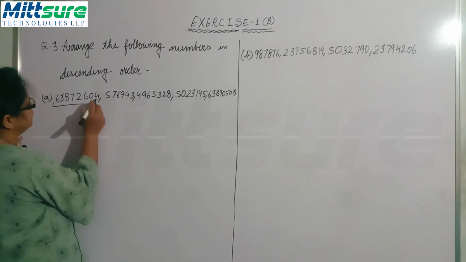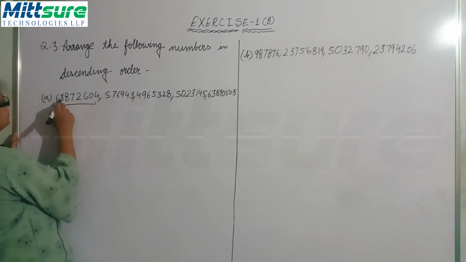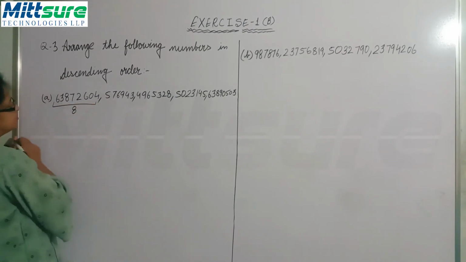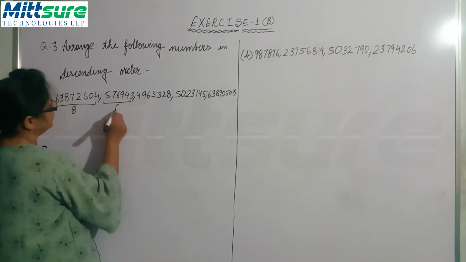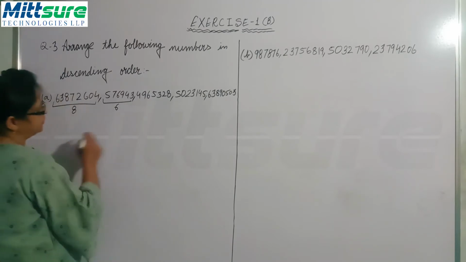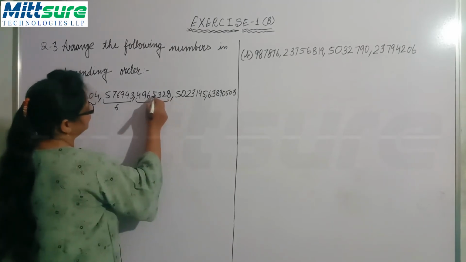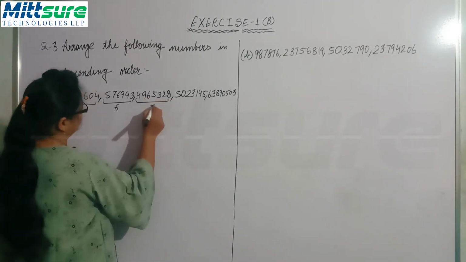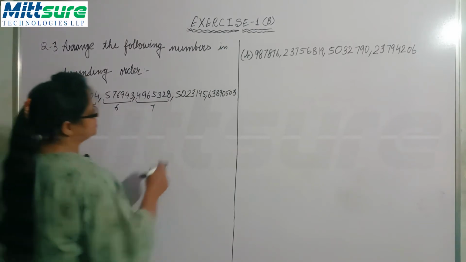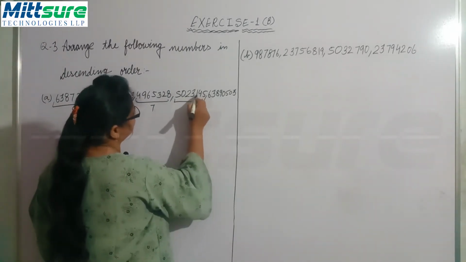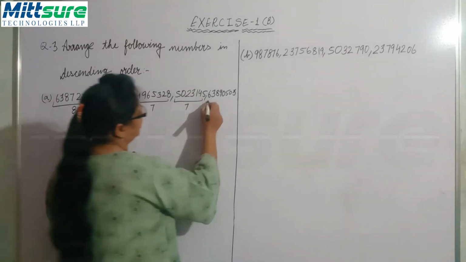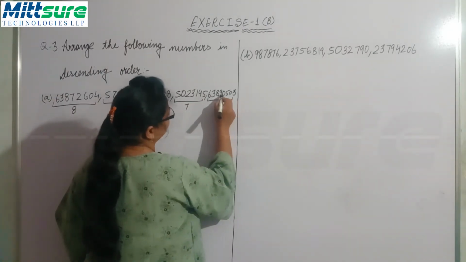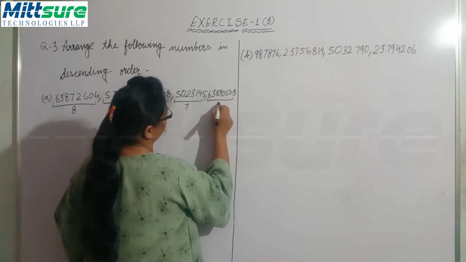This number has 8 digits, this has 6 digits, this has 7 digits, this has 7 digits, and this has 8 digits.